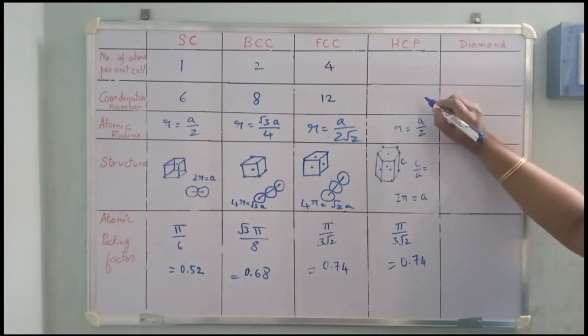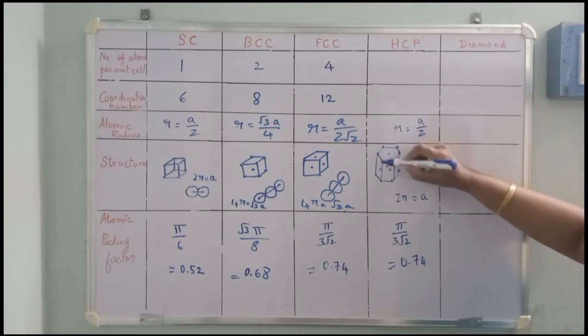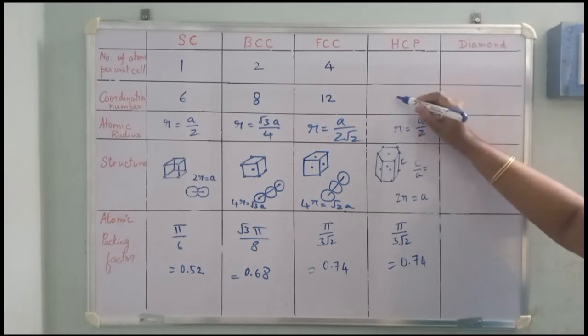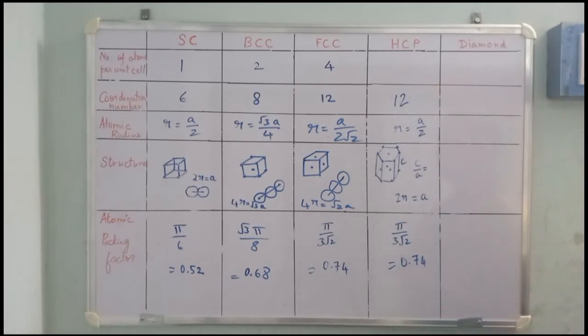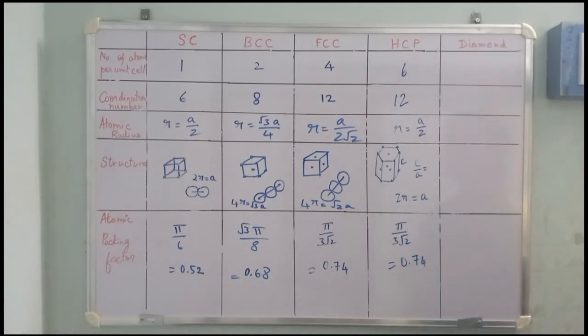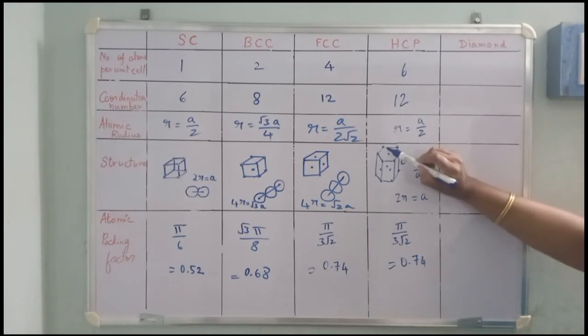The number of nearest neighbors will be 12 in this case also, because for each atom there are 6 atoms in its own plane, 3 in the plane below and 3 in the plane above. So 12 will be the coordination number here also. The number of atoms per unit cell would be 6, because each corner atom will be shared by 6 adjacent unit cells.